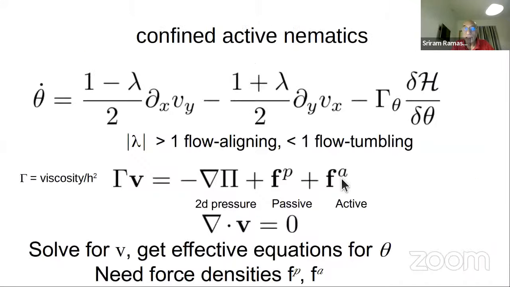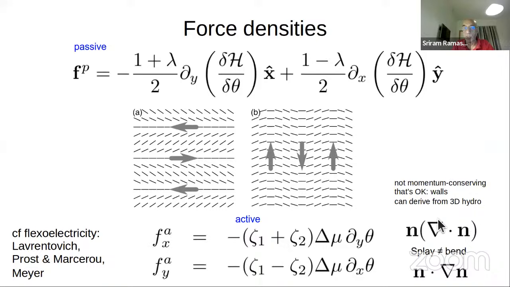If I just took this and imported it to my confined two-dimensional geometry, then this active force density would just have a piece proportional to div of NN.